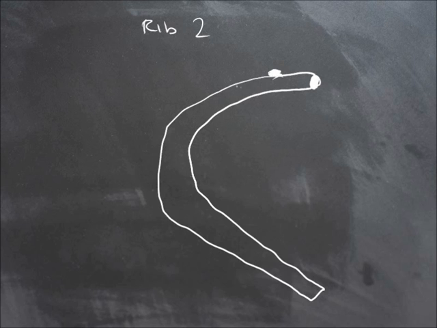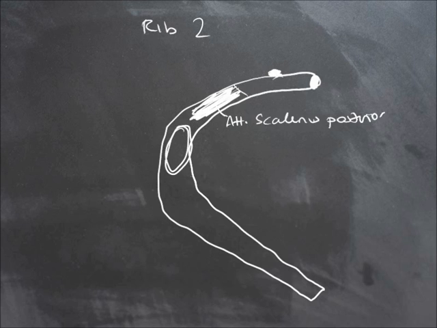Then here, this is the attachment site for scalenus posterior, and then we have a big tuberosity, and this is for serratus anterior. Okay, finish with the ribs now.